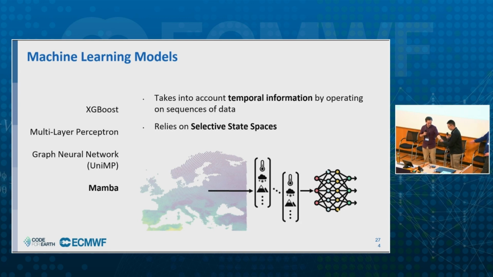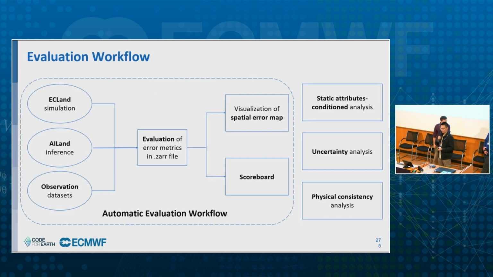Yes. So thanks to Johannes for introducing the methodology and machine learning models. To evaluate our machine learning emulators, we first streamlined an automatic evaluation workflow to calculate the evaluation error metrics using data from both the EasyLand model and the validation data set to evaluate our AI land model, our machine learning emulators.